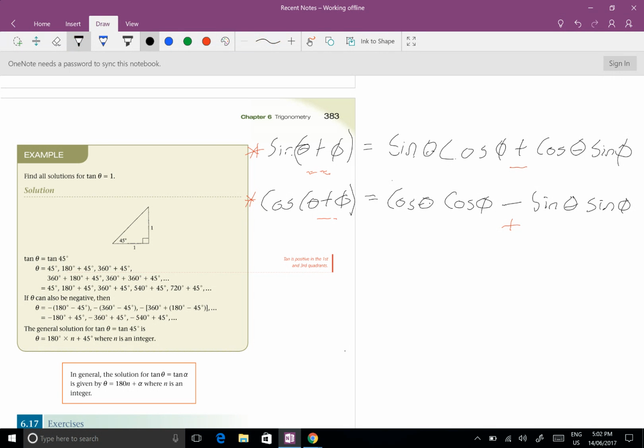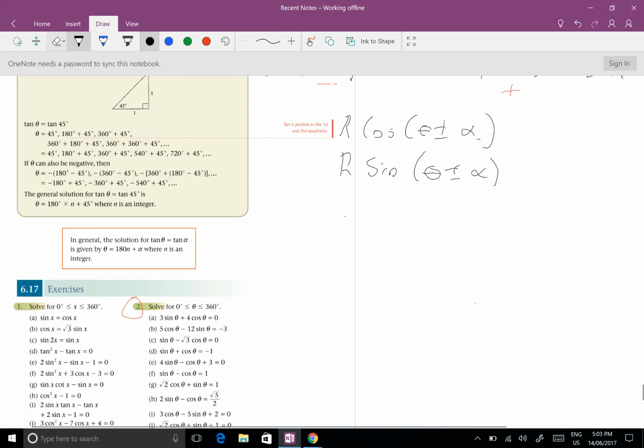So what we're going to be doing is rewriting an equation as R cos(theta plus or minus alpha). I'm going to use alpha. I could use phi, probably better if I did, but I'm going to use alpha. Or R sine(theta plus or minus alpha).